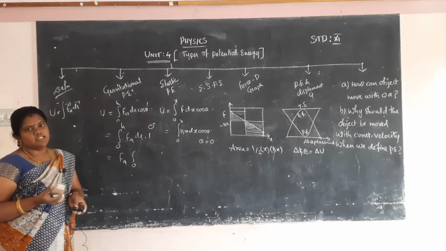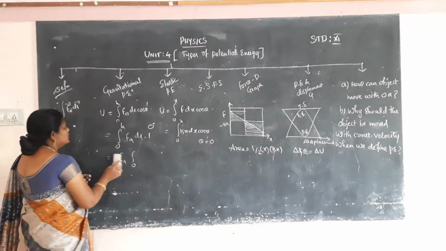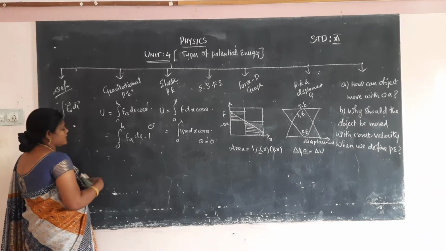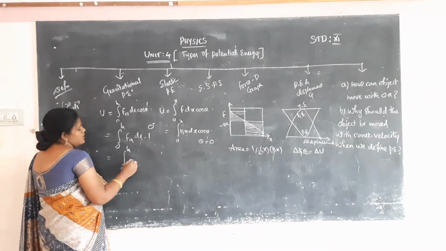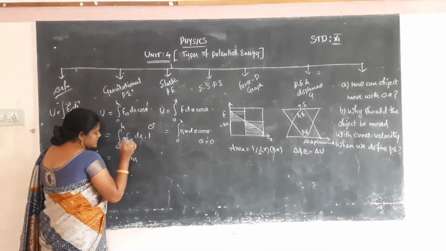What is the formula for gravitational force? F is normally mass into acceleration.